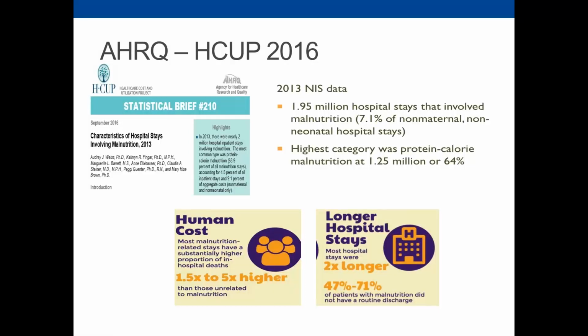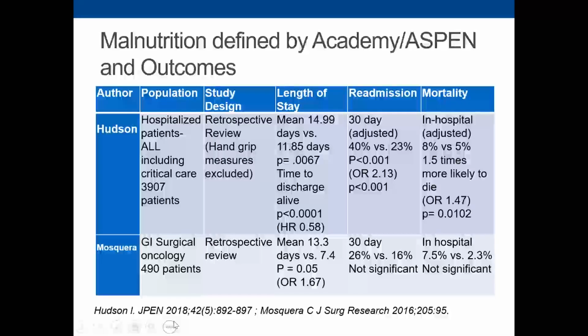And what they found was that the death rate was 1.5 to 5 times higher than those who were not malnourished. Their hospital stays were longer, and they were much more likely to have a non-routine discharge, which would mean they weren't going home. They were going to an extended care facility, to an LTAC, compared to those who were not malnourished.